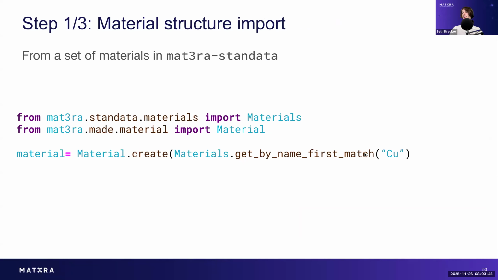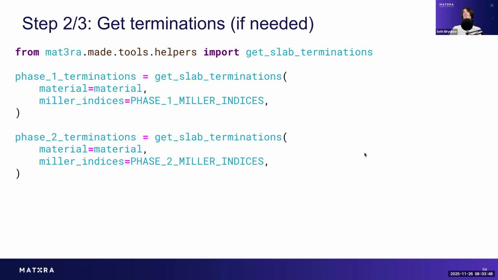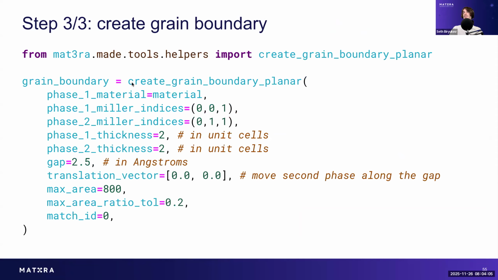So we would import the material, then we want to pass all the parameters for the slabs, and for some material you need to get terminations. For copper it's not necessary, but in general you want to get the terminations that you want to select for each slab. Then we would use create grain boundary planar helper function, pass phase 1 material.